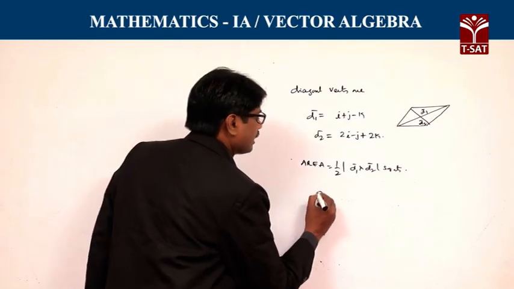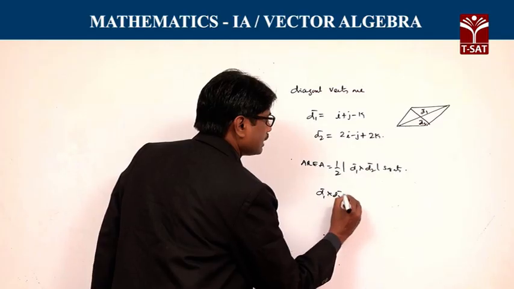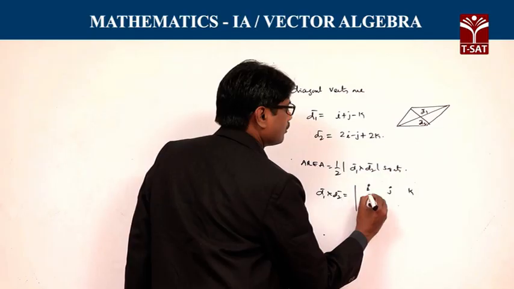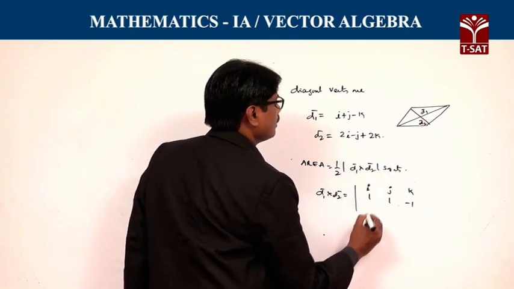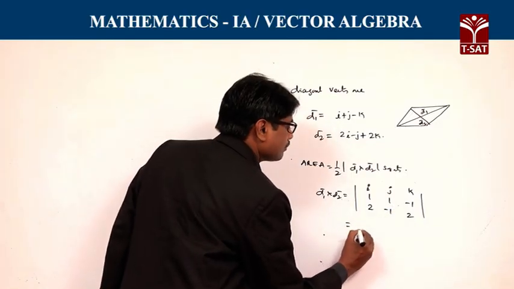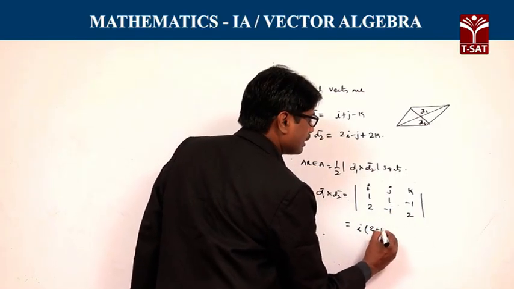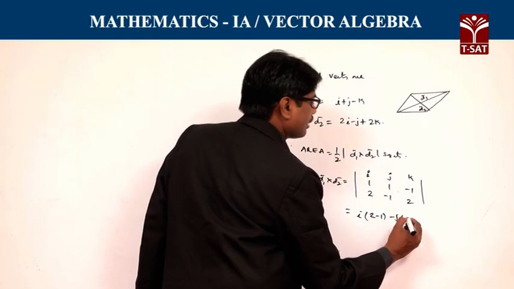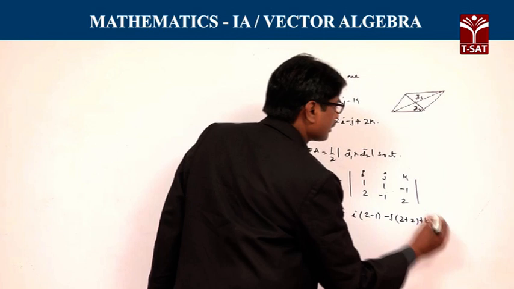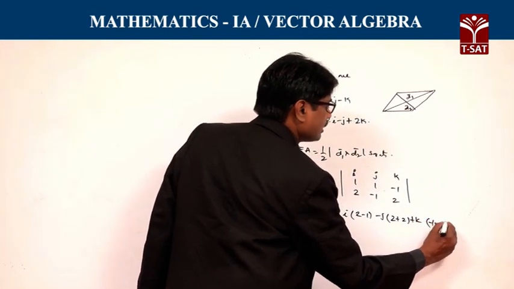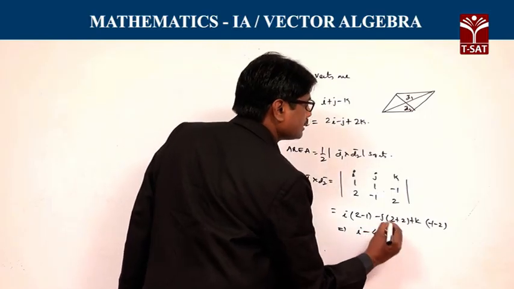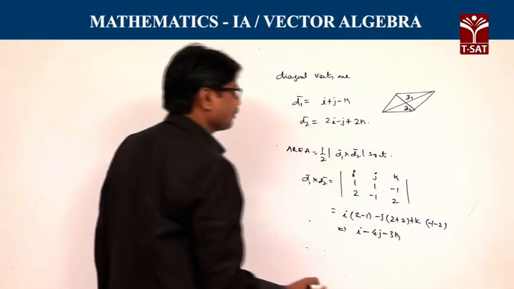So d1 bar cross d2 bar is equal to the determinant of i bar, j bar, k bar; 1, 1, minus 1; 2, minus 1, plus 2. That is nothing but i bar times of 2 minus 1, minus j bar times of 2 plus 2, plus k bar times of minus 1 minus 2, which is nothing but i bar minus 4 times j bar minus 3 times k bar.